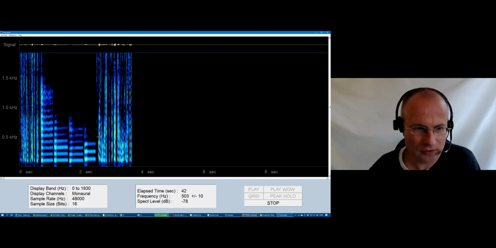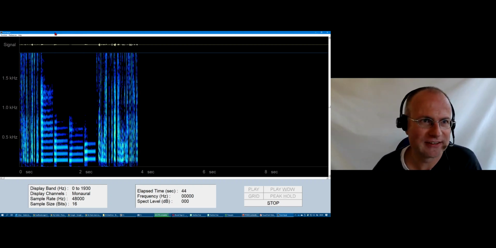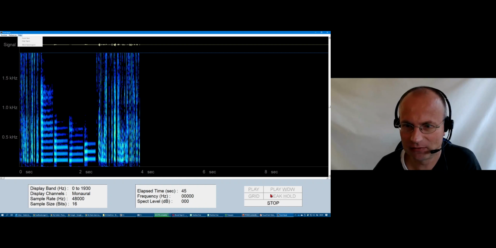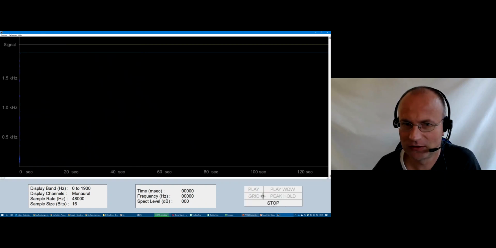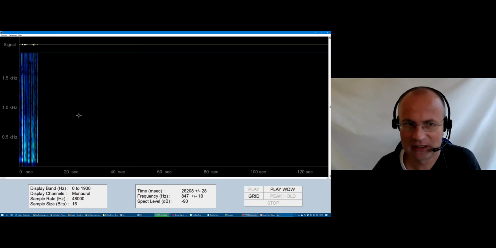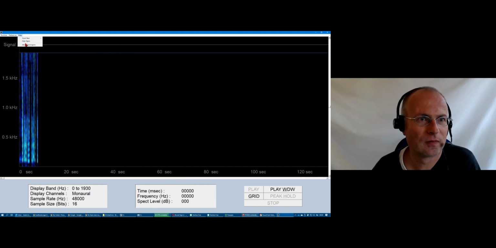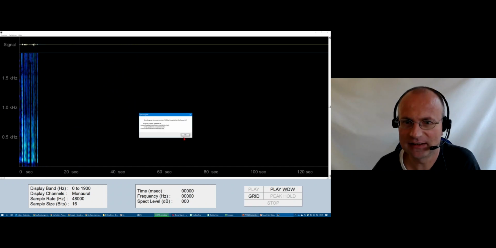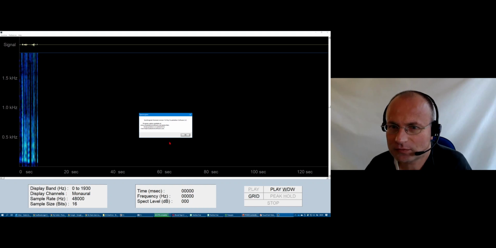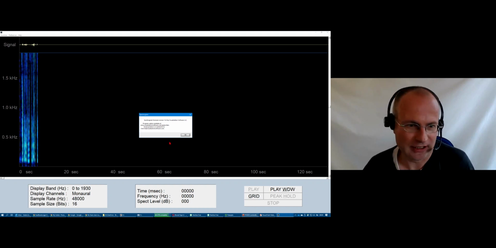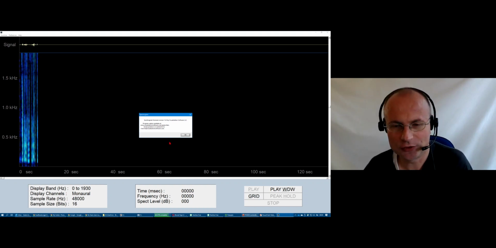By the way, this software is called Spectrogram 16, and you can find that if you search around. I may have to stop that. If you Google for that, it's a really nice tool to do these live spectrograms.